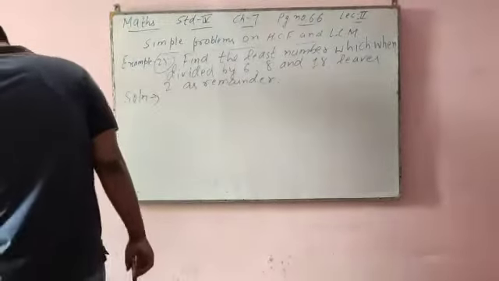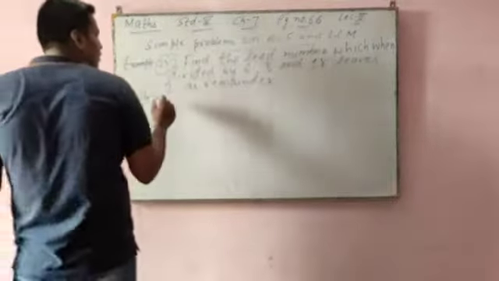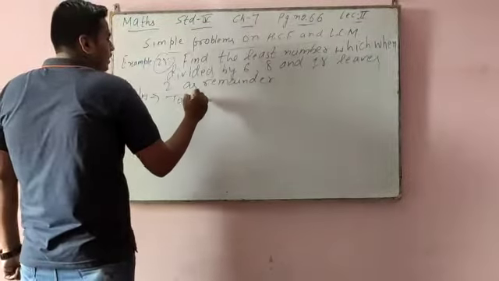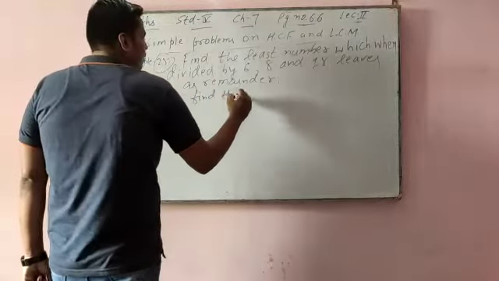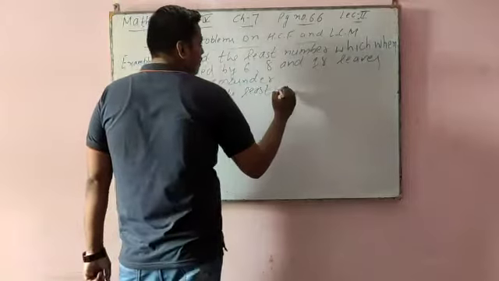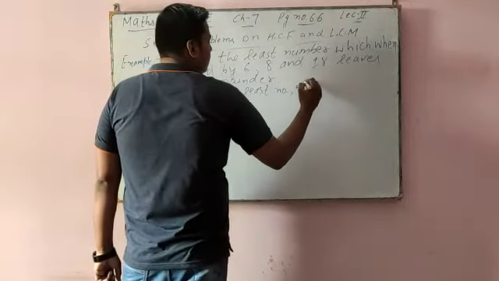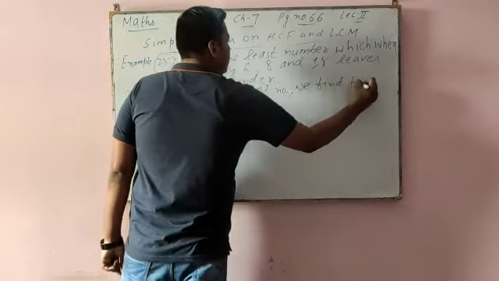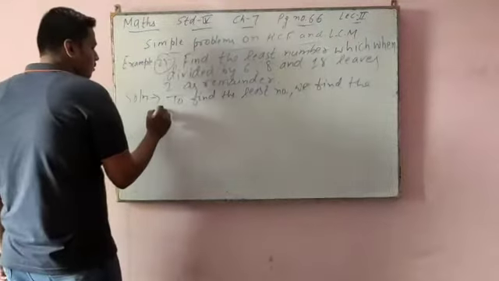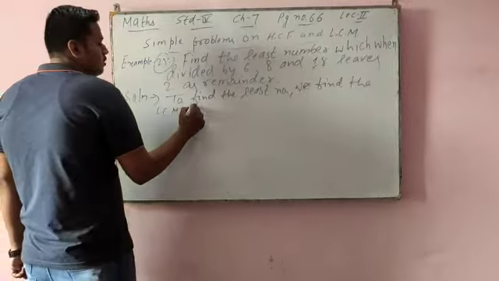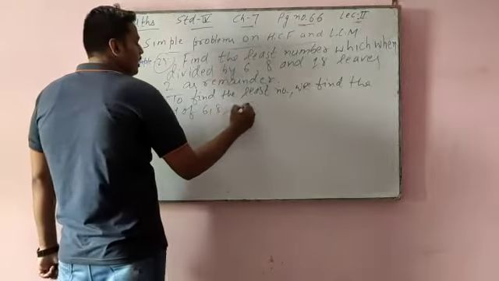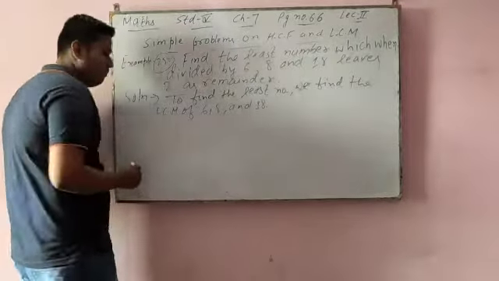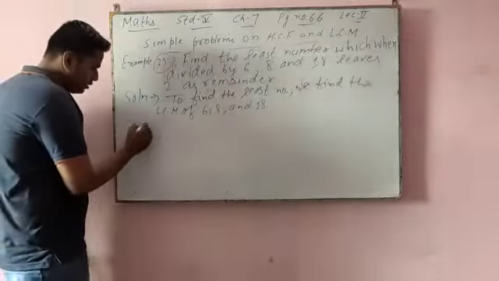So first, to find the least number, we find the LCM of 6, 8 and 18.